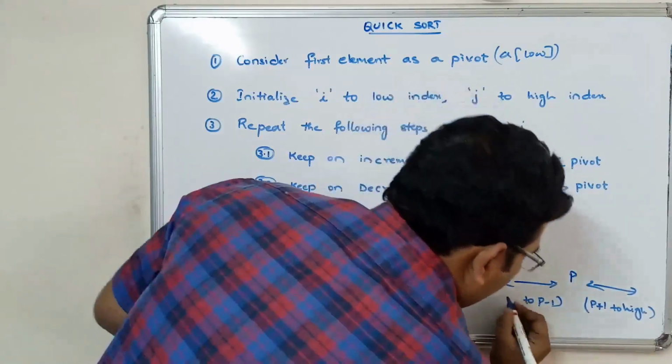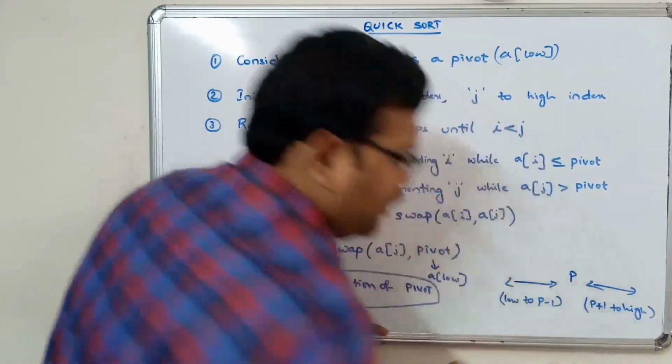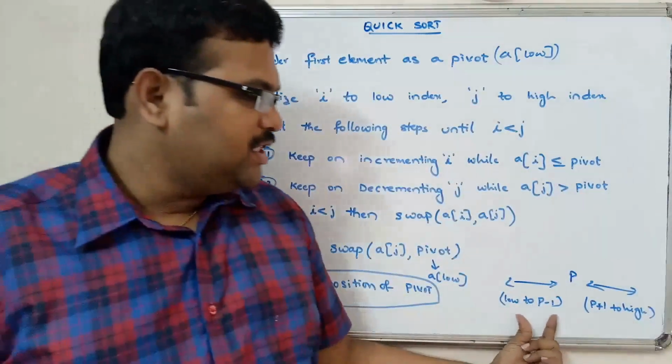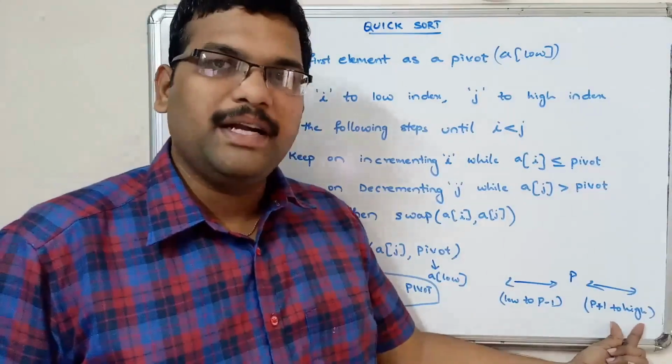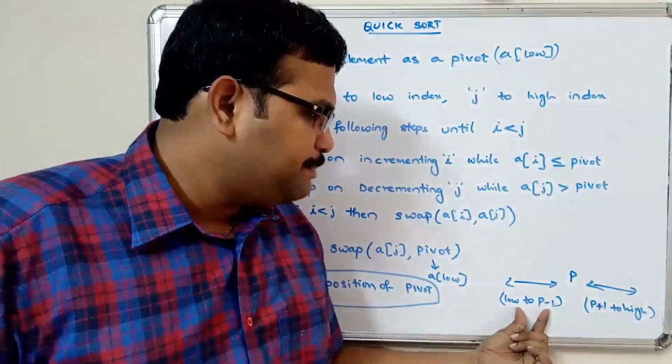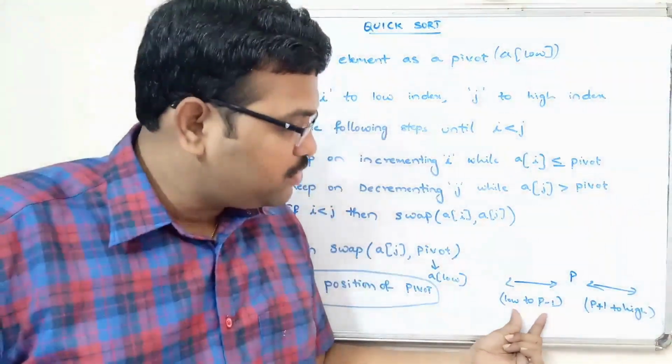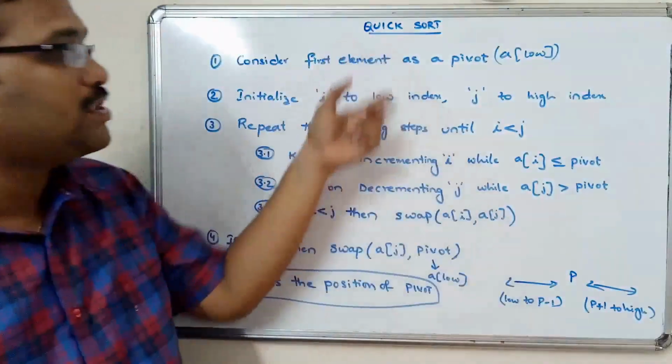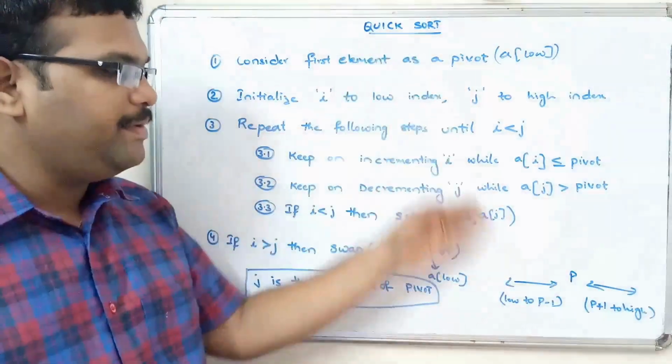Instead of writing 0, we'll write low, right? Low to p minus 1. So this is one partition, this is another partition. Consider this partition, and here also repeat the same process. So recursively repeat the same process.